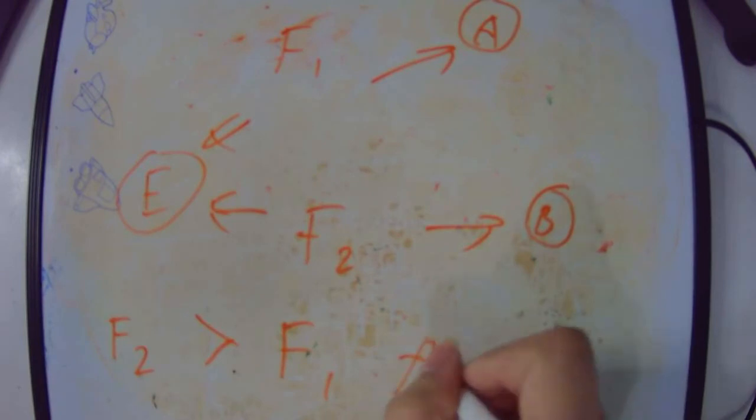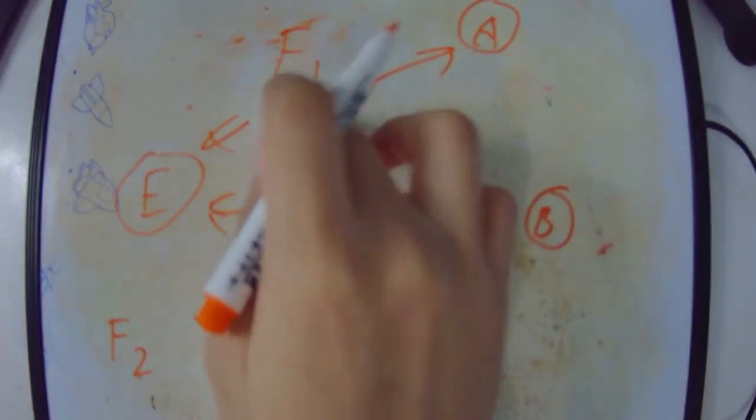So therefore, R1 is probably further away. So R1 is larger than R2. Right? These are just ways for us to think about these different formulas.